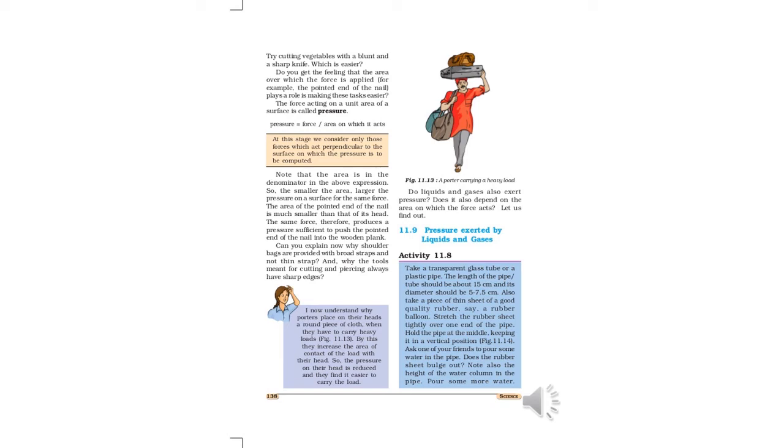Therefore, the small force produces a pressure sufficient to push the pointed end of the nail into the wooden plank. So it is just a reverse. If less area, more force, more pressure will be applied, and if more area is covered, less pressure will be there.